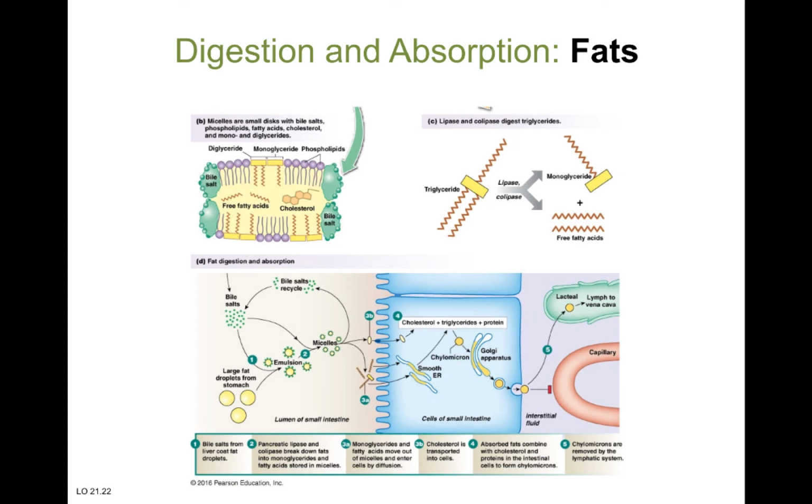And then what happens in the cell, this is a little weird. Digestion and absorption of fats is pretty complicated compared to carbs and proteins. So large droplets get broken into smaller components, and they get absorbed. Now here's where it's kind of weird. The enterocytes actually repackage those lipids into a substance called a chylomicron.